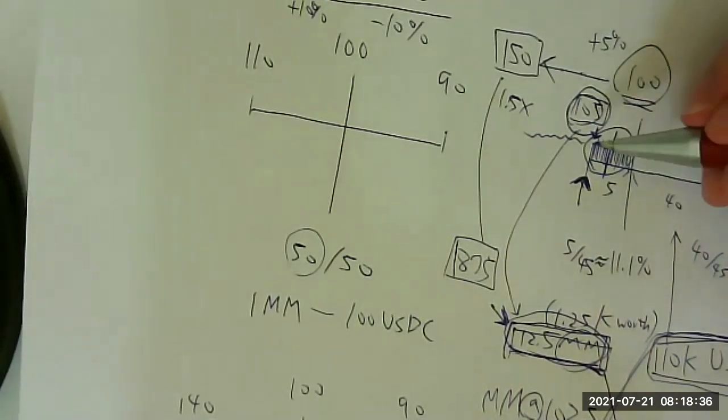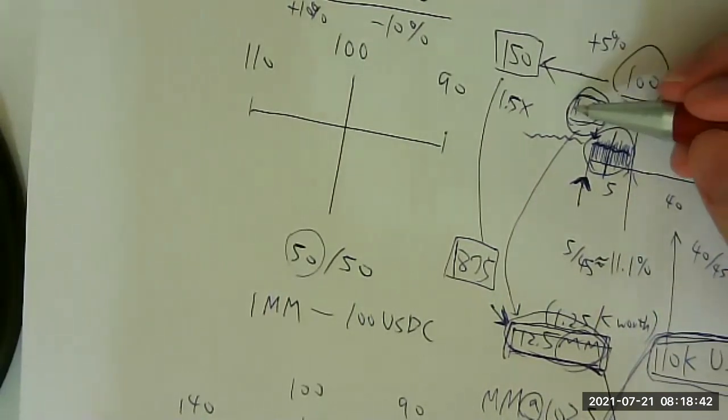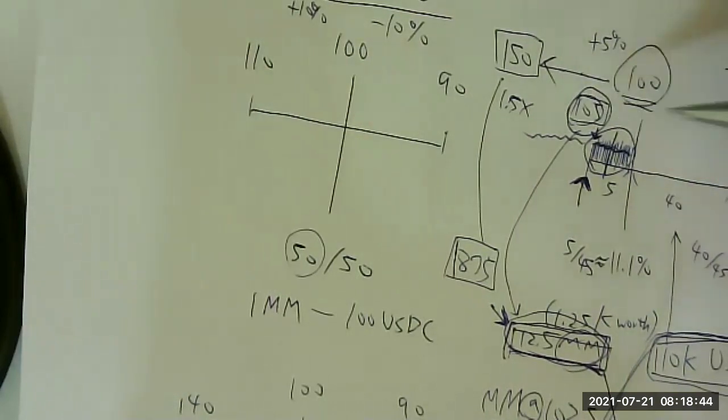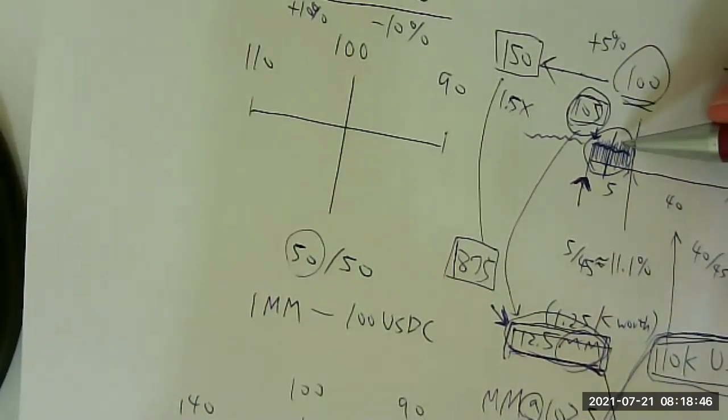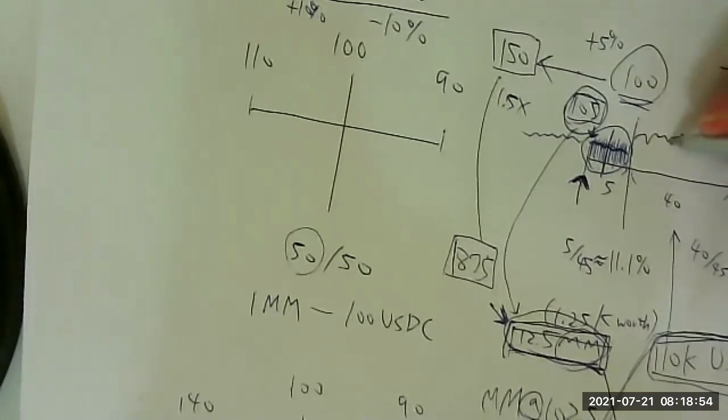But you also need to know that this is not always the case. Price could fall back and forth, so you could also end up with more MM than USDC if it goes into this spot.